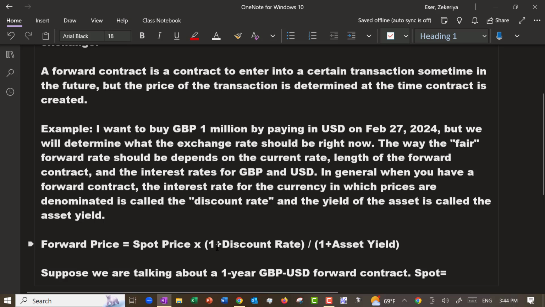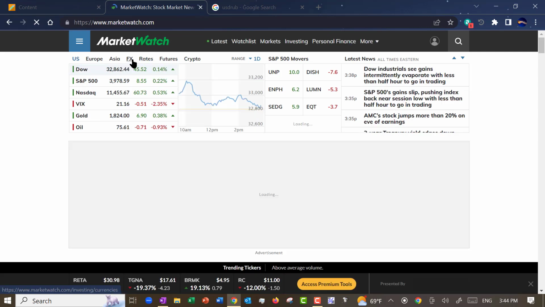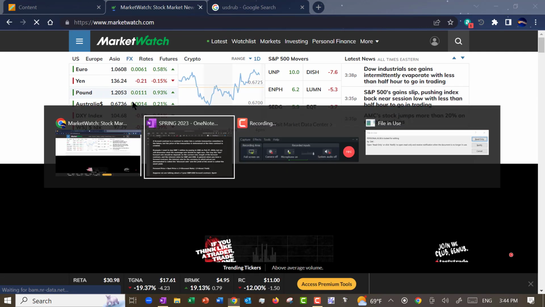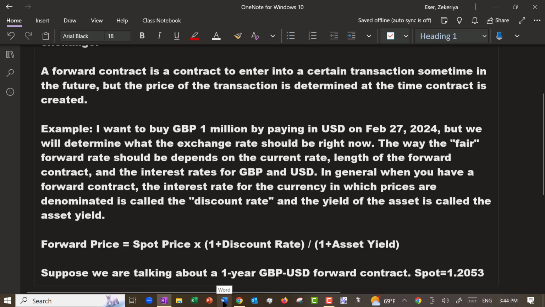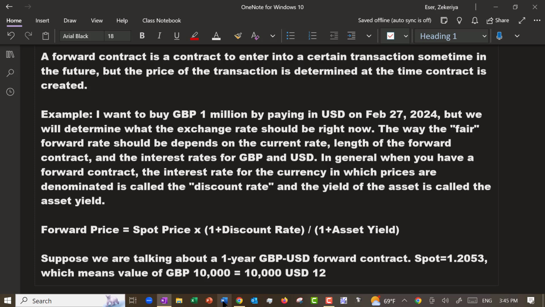Right now, spot is, let me go to here, 120.53, which means the value of 10,000 GBP is equal to 12,053. Or 1 pound is equal to 1.2053 USD.